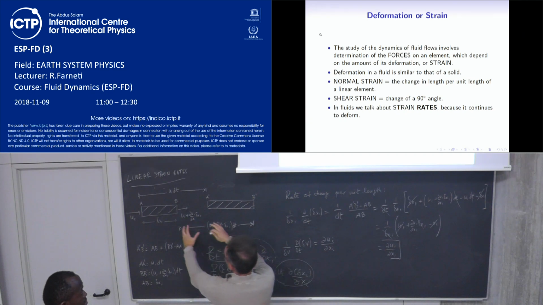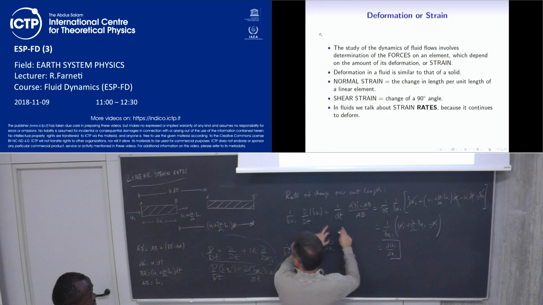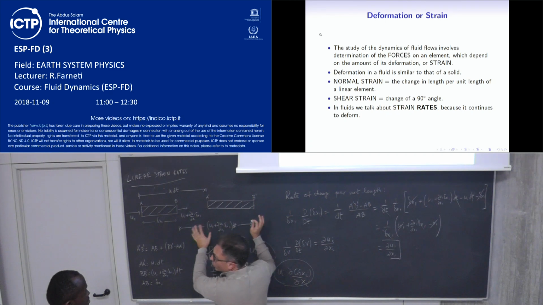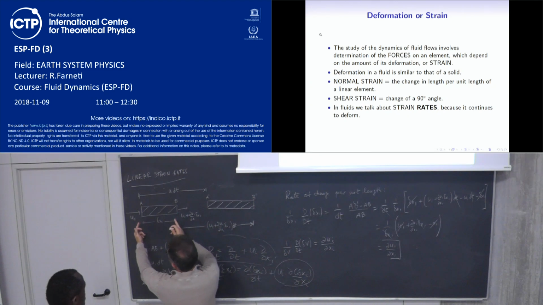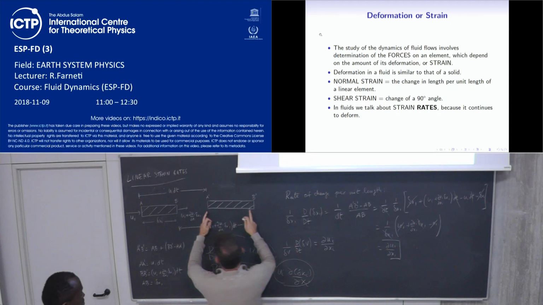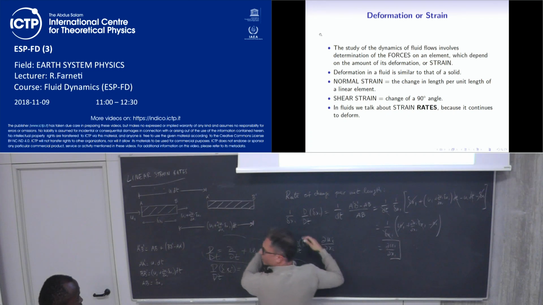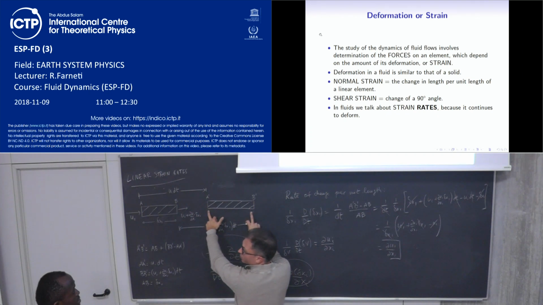The rate of change in the element of fluid, which you can describe in many ways, per unit length, is going to be equal to something. In this simple one-dimensional geometrical problem, this element has gone from AB to A prime B prime. I'm not saying how, the d by dt plus the advection. I'm just saying that it went from AB to A prime B prime.